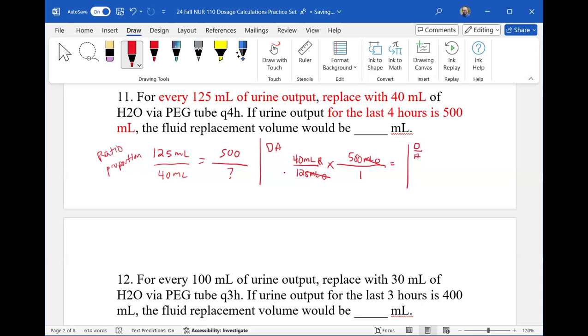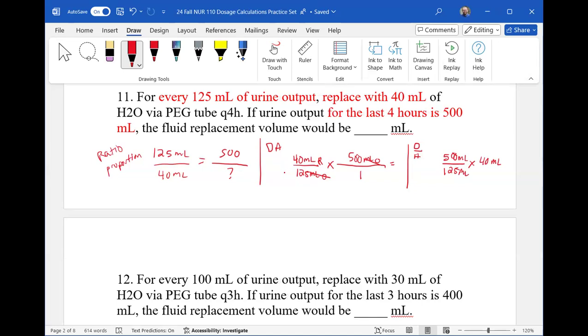Nothing's ordered, but your 500 milliliters is basically what you're looking to get feedback on. Then what you have available, for lack of a better term, is the 125, and your quantity is the 40. So I'm showing you 3 different ways just because I don't care which way you do it. Just make sure you do it the way that works for you and that you get to the same answer.